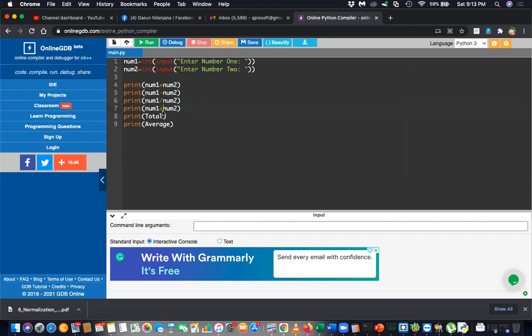Then number 1 modulus number 2, and number 1 power exponent number 2, and number 1 floor division number 2. So these are the things that we want to study.